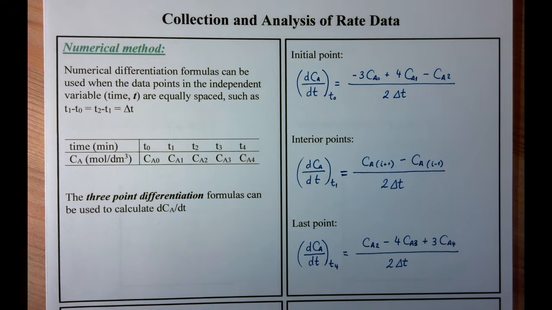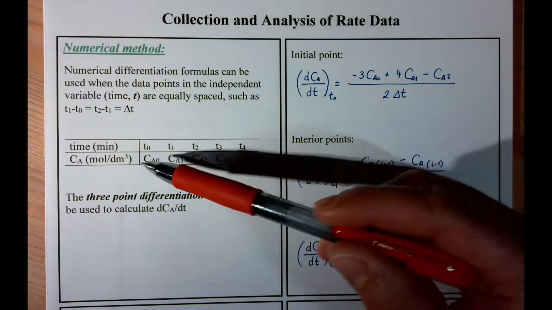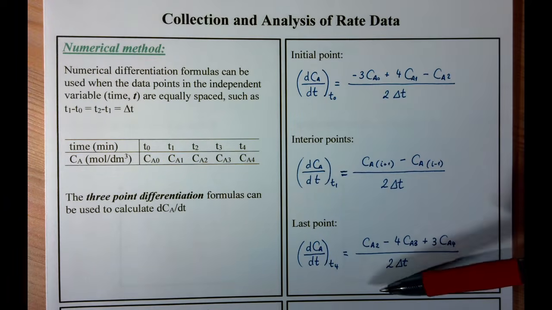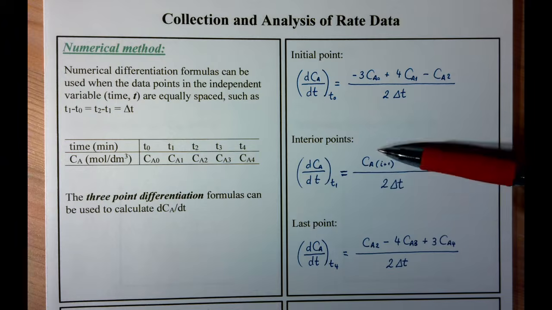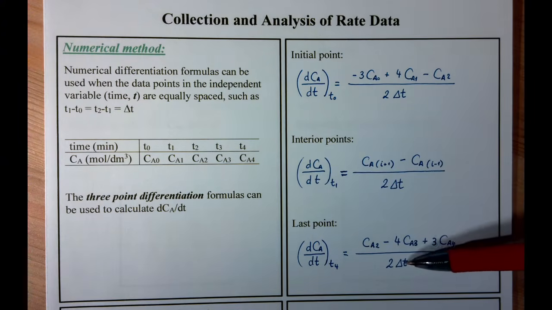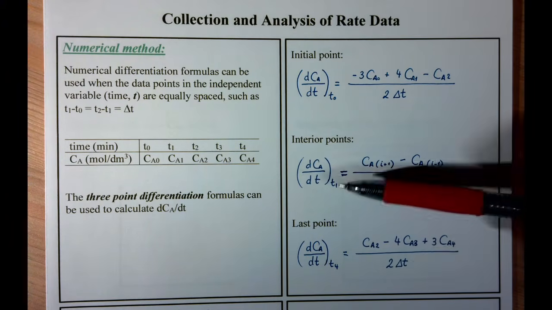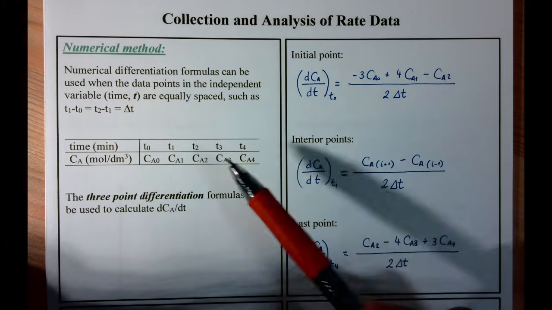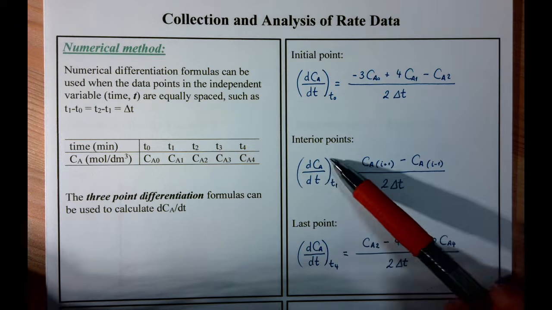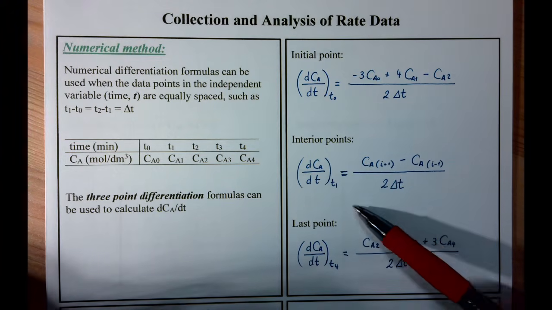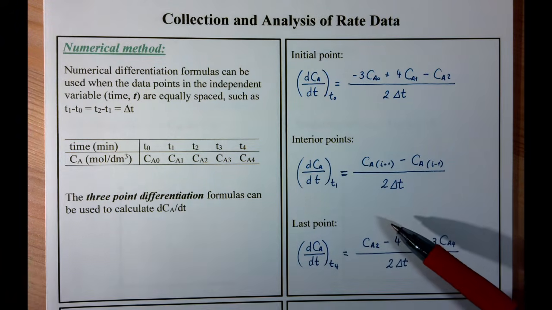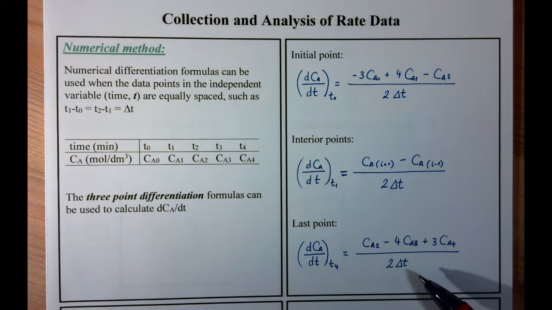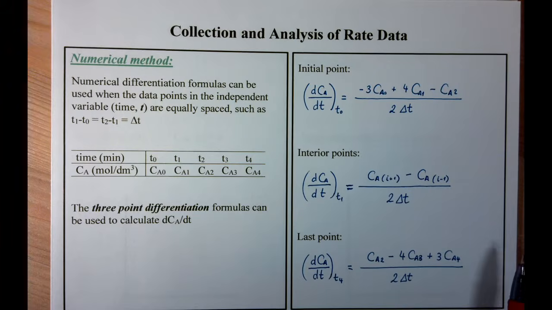What you'll notice is that for the first and the last point, these are the two equations you would use in terms of the concentrations and the delta T. But for all intermediate points, in this case T1, T2, and T3, you'd calculate the dCA dt values using this formula. We will do an example later on where we apply these formulas, and that way you'll get to practice and see how it feels.